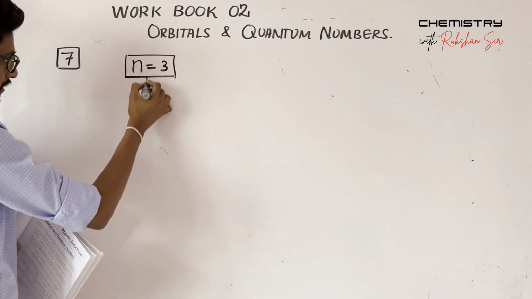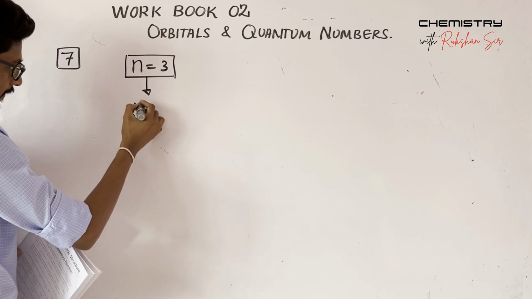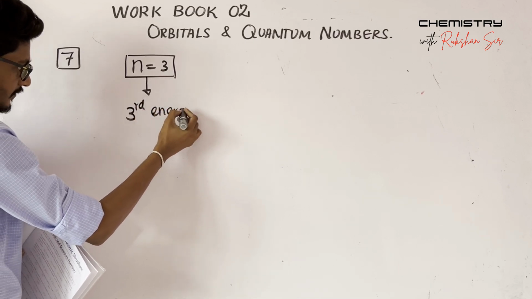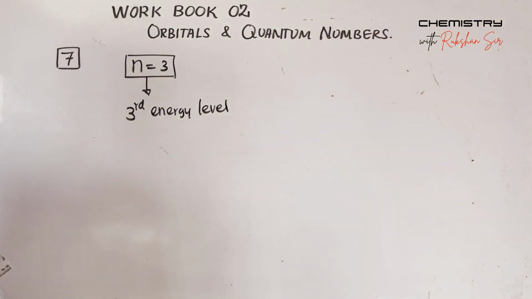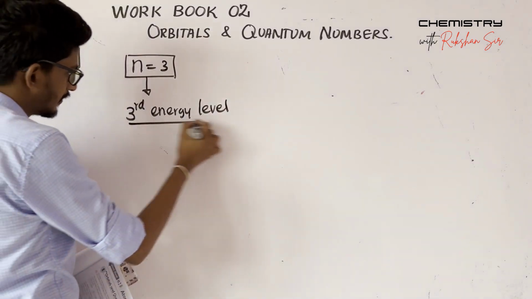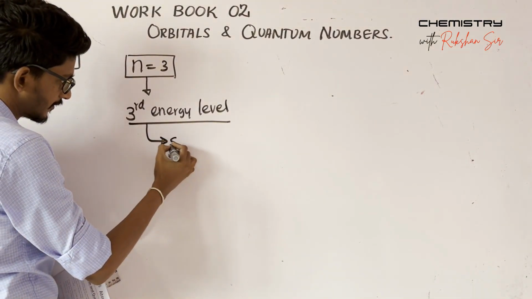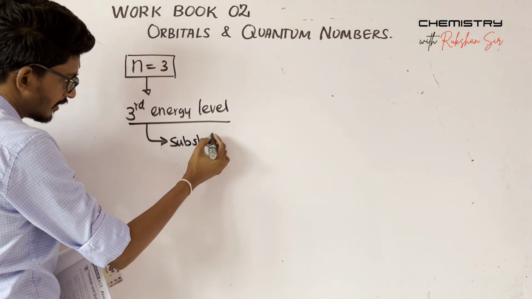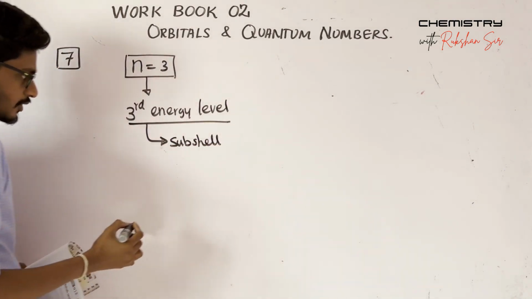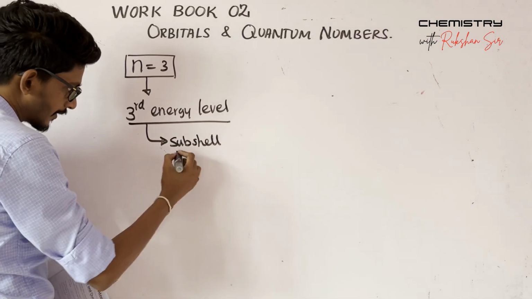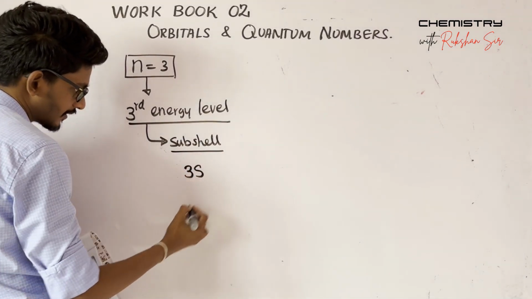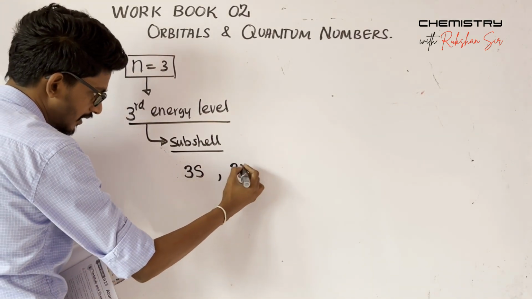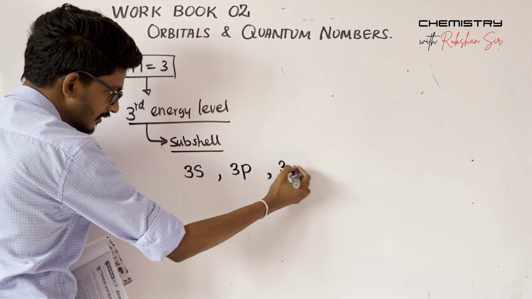n is equal to 3 means we are dealing with the third energy level. In the third energy level, what are the subshells available? The subshells available are 3s, 3p, 3d.